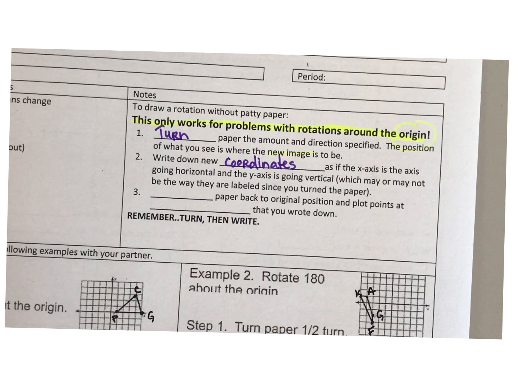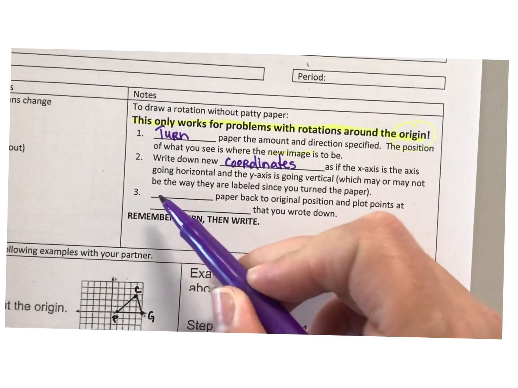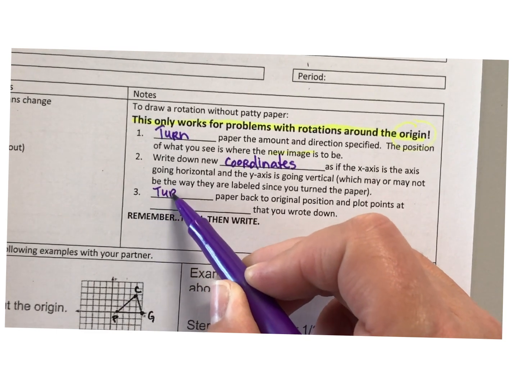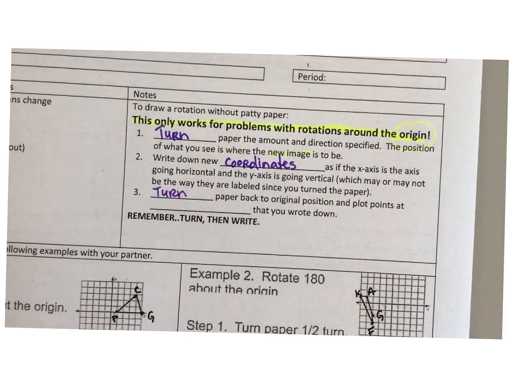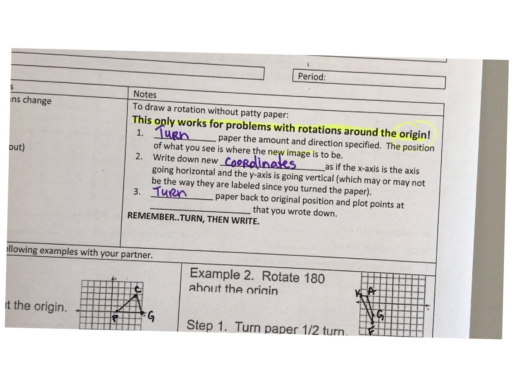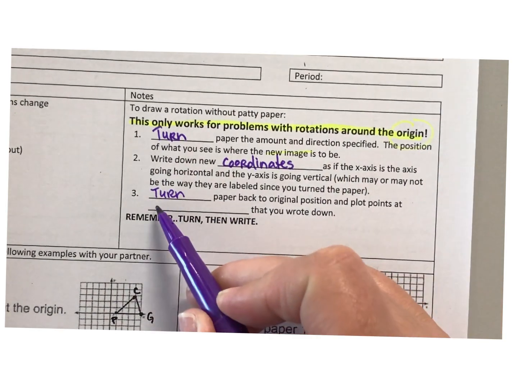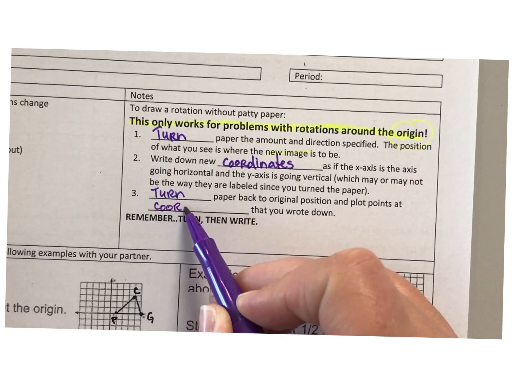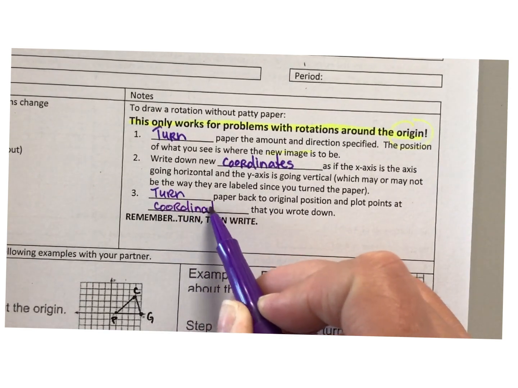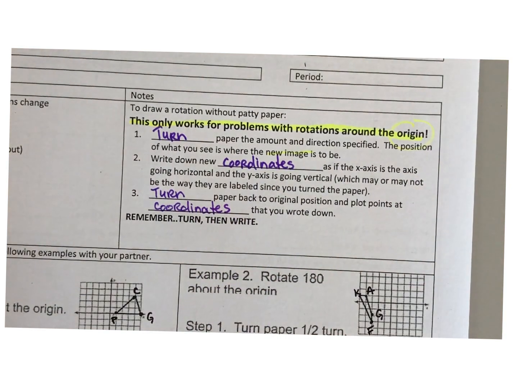We have to keep that in mind. Then we turn our paper back to the original position and plot points at the coordinates that we wrote down. Okay, so these are the directions.